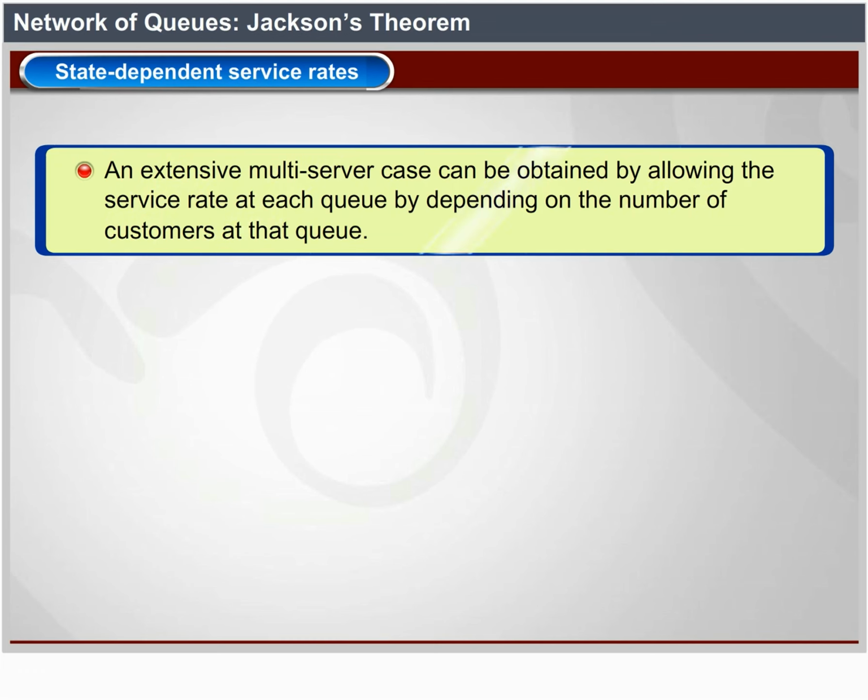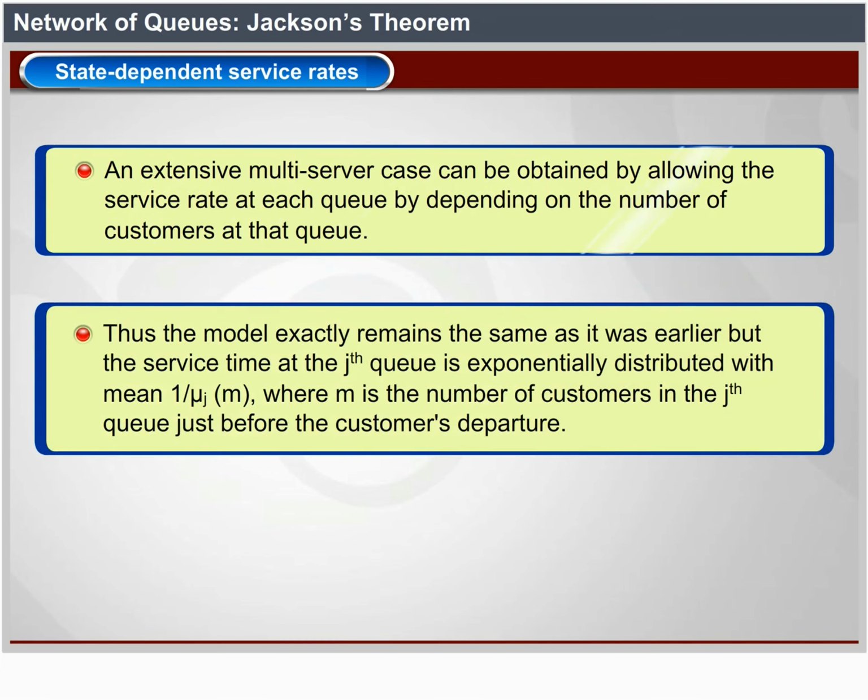Thus, the model is the same as before, but the service time at the jth queue is exponentially distributed with mean 1 by mu j of m, where m is the number of customers in the jth queue just before the customer's departure.